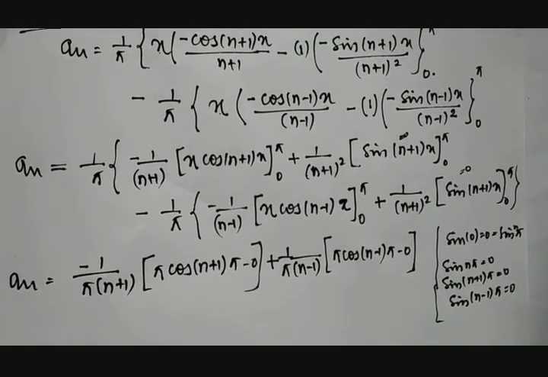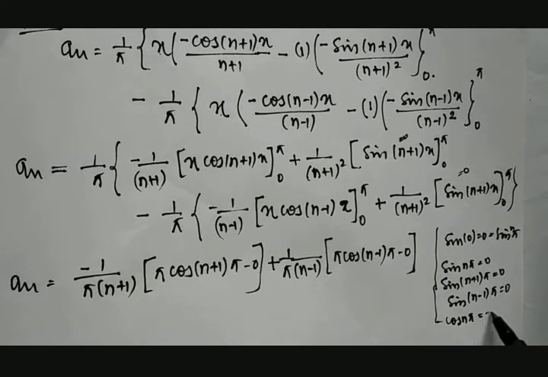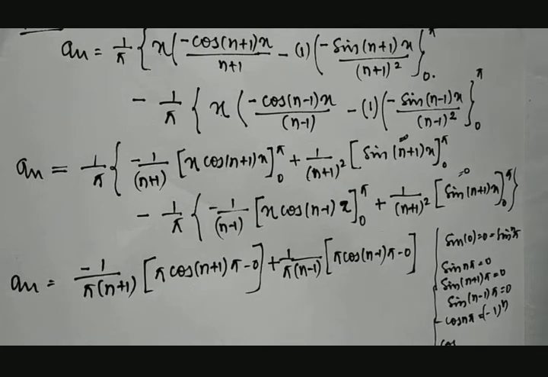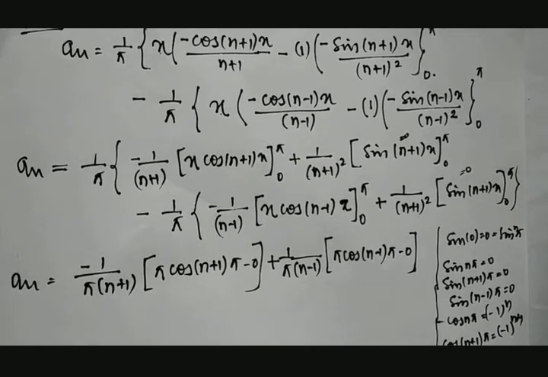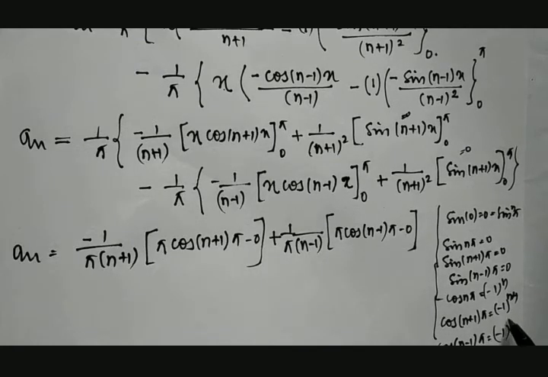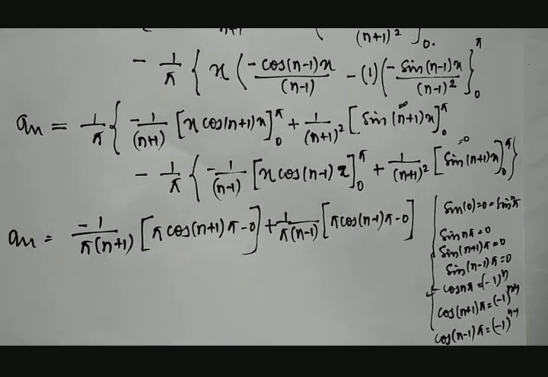Similarly, we know that cos n pi is equal to minus 1 raised to n. Therefore, cos (n plus 1) pi will be minus 1 raised to n plus 1, and cos of (n minus 1) pi will be minus 1 raised to n minus 1 because of this result.